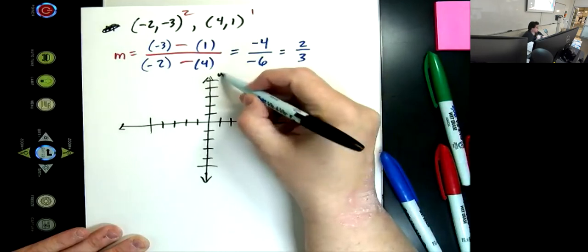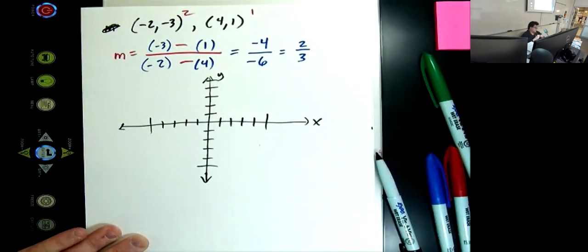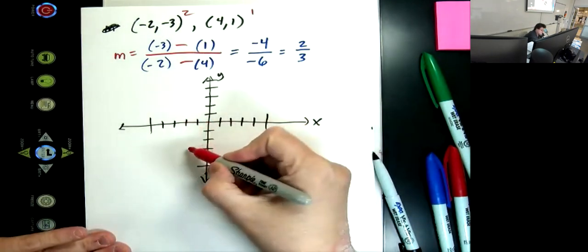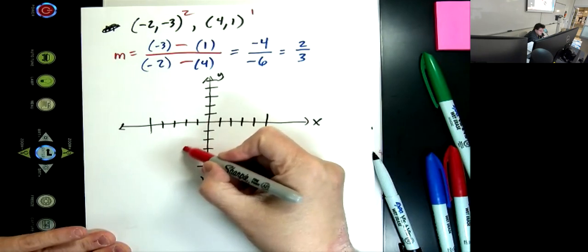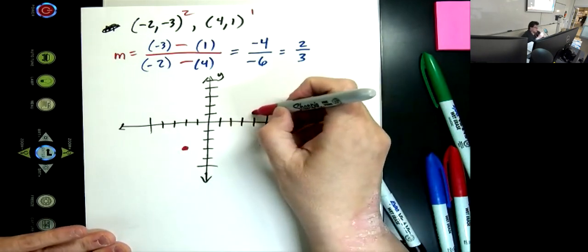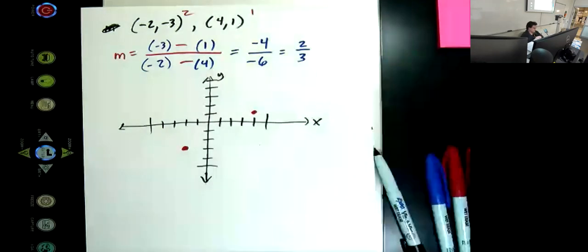Much easier with graph paper. -2, -3 is here. And 4, 1 is right here. Presumably, if we use that slope, we can get between them just fine. Sometimes you only have the slope and one point, but it still does the same thing.